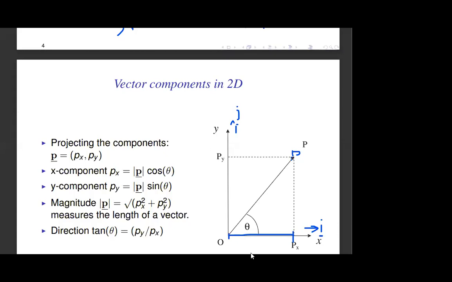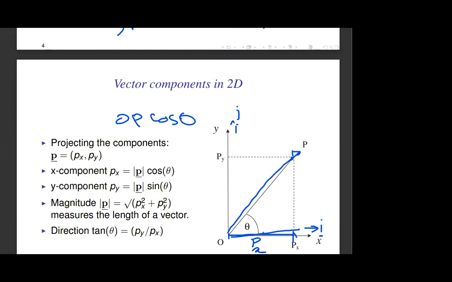So let's say this length px is equal to OP cosine theta.